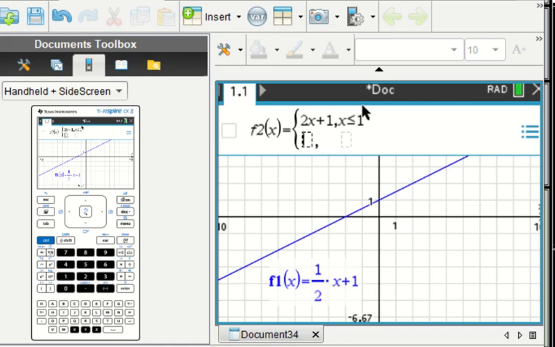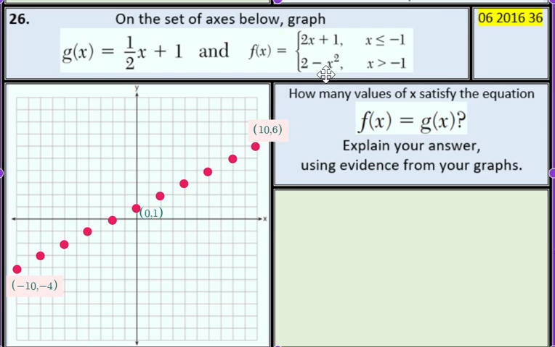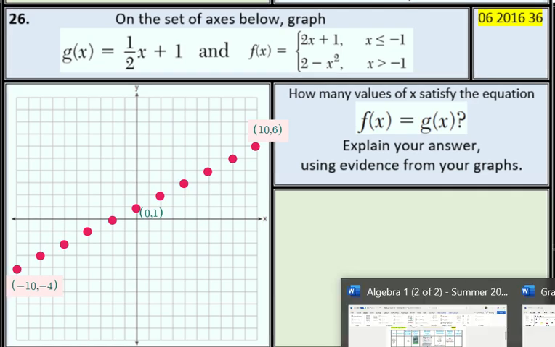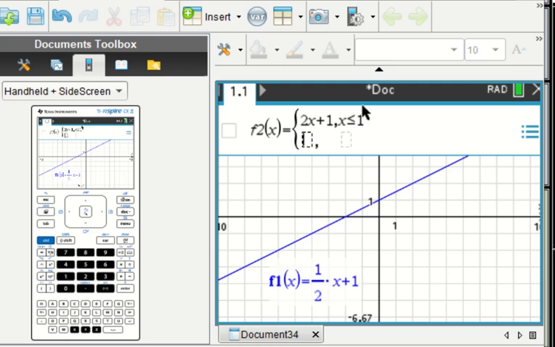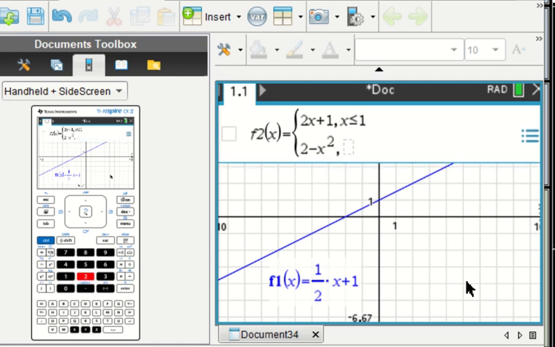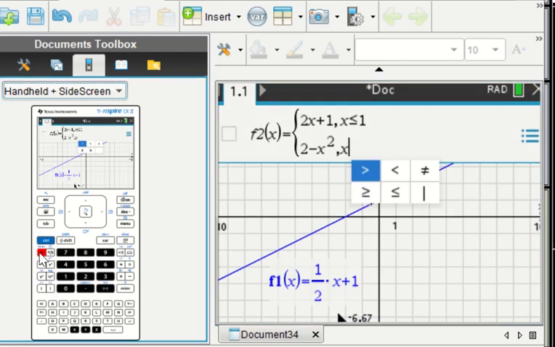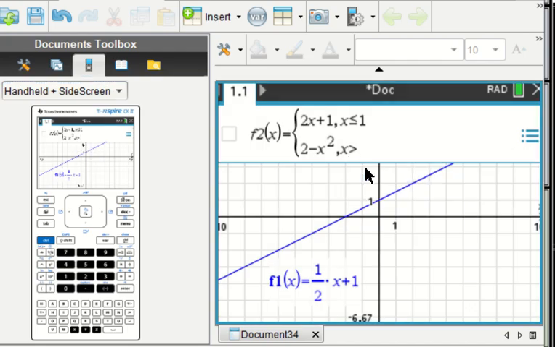Now, the next rule for the second piece of our function says 2 minus x squared when x is greater than -1. So 2 minus x quantity squared when x is only greater, so no equal sign this time, just greater than -1. And now we press enter.